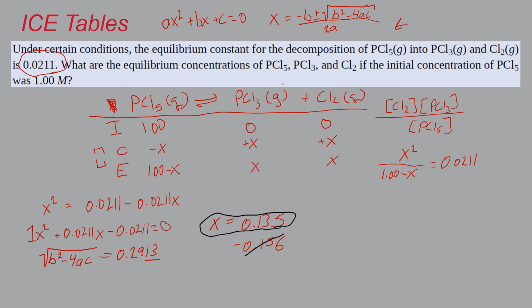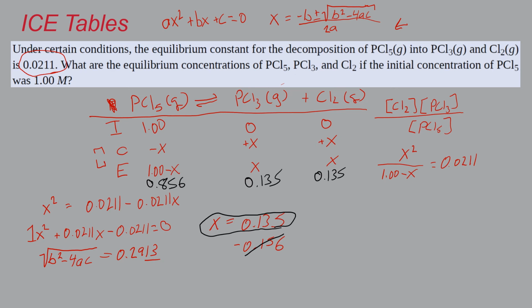And so all that remains now is to actually answer the question, what are the final concentrations? So we know that these are going to be 0.135 molar. And this one clocked in at about 0.856 molar.